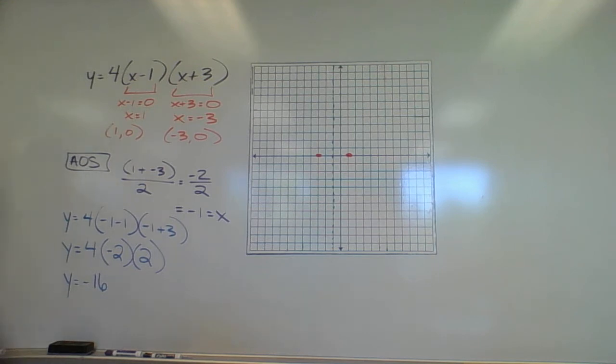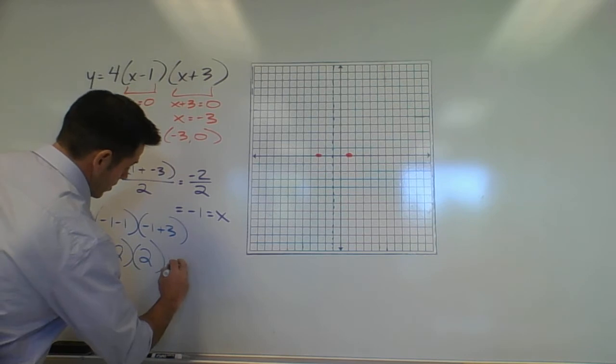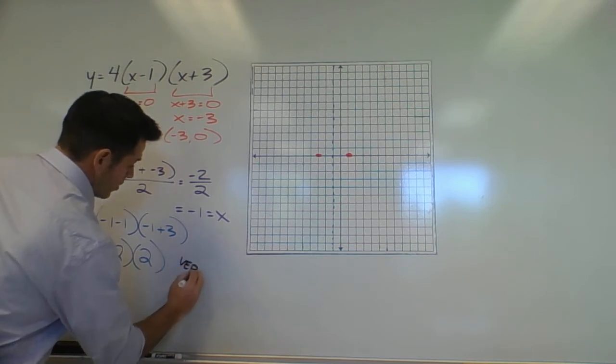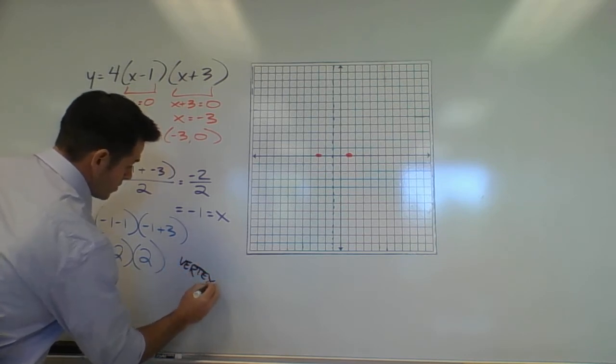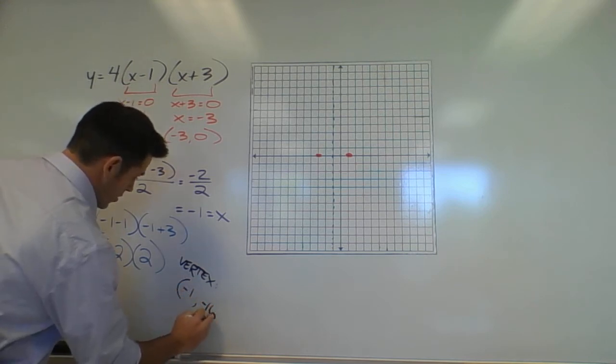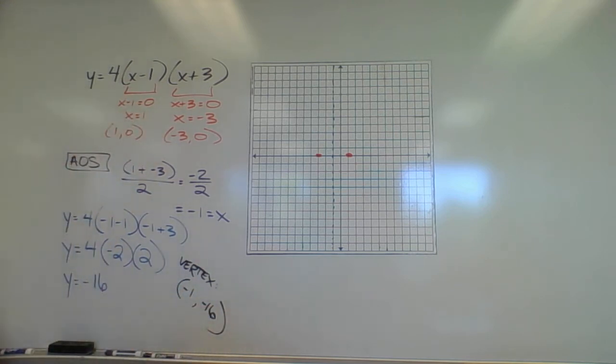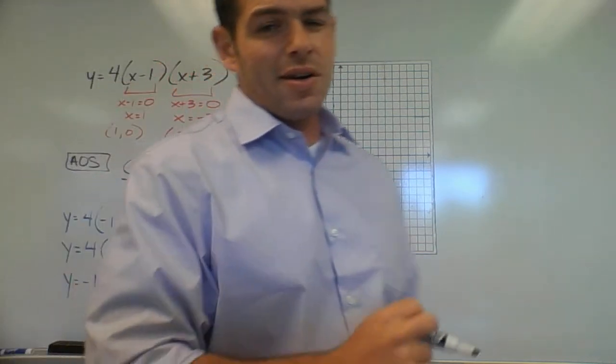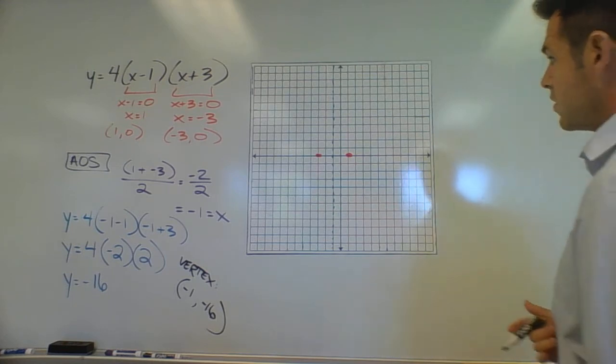So I did that right there in order to find out where the vertex would be. And the vertex for us in this function would be at the point (-1, -16). Unfortunately, for this picture, when I try to graph this, I might run off the chart.